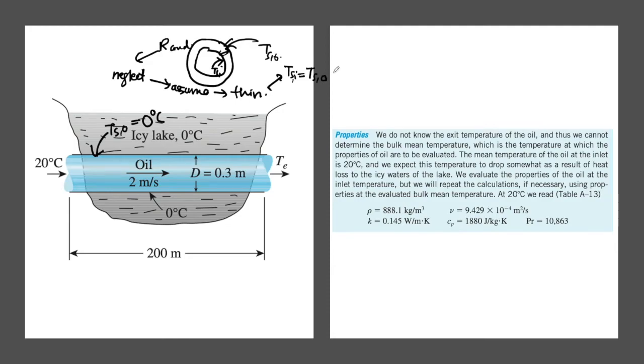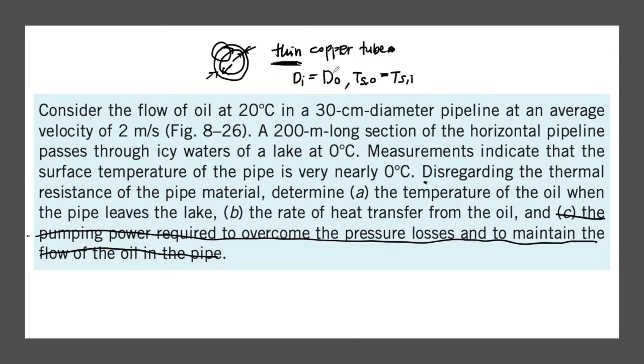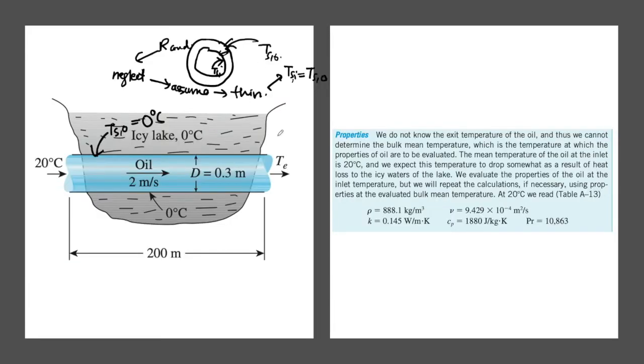So the first question asks us to determine the temperature of the oil when the pipe leaves the lake. Now here, we do not know what the value of the T exit is. So how do we find the T exit?